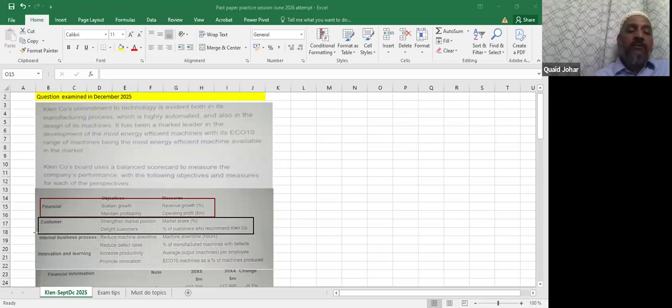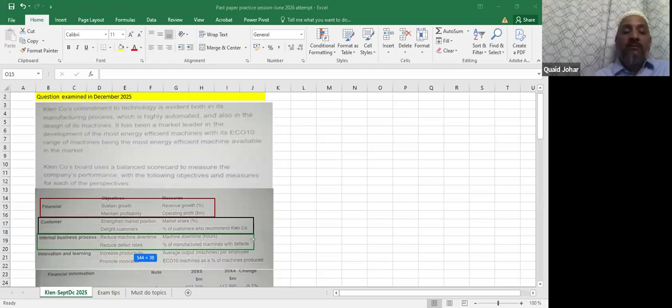Now, in the same way, they have mentioned the business process, the third perspective. Its objectives are to reduce machine downtime, to reduce machine breakdowns, and to reduce defect rates, which means they want to make the products without any defects, maintaining quality and reducing reworks.